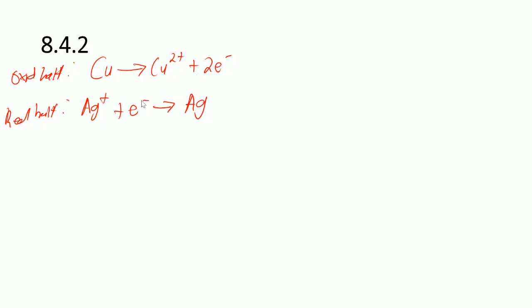Here we have only one electron and there we have two, so we multiply by the inverse of these numbers. The 2 here we multiply by 1, and the 1 here we multiply by 2. We want to keep the same number of electrons. If we had 3 here and 2 there, we'd multiply by 2 here and by 3 there so that it all becomes 6.